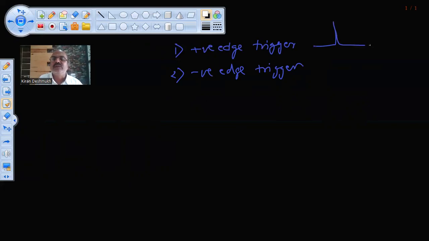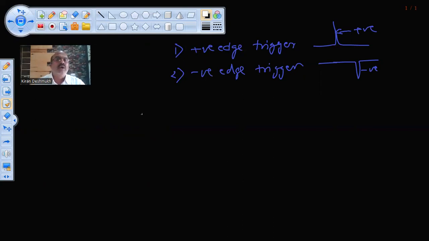This is positive edge trigger, and this is negative edge.